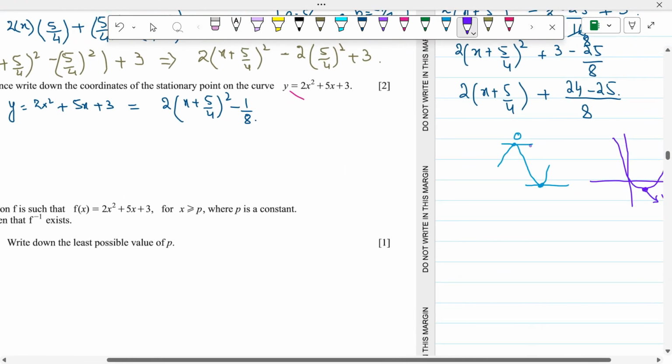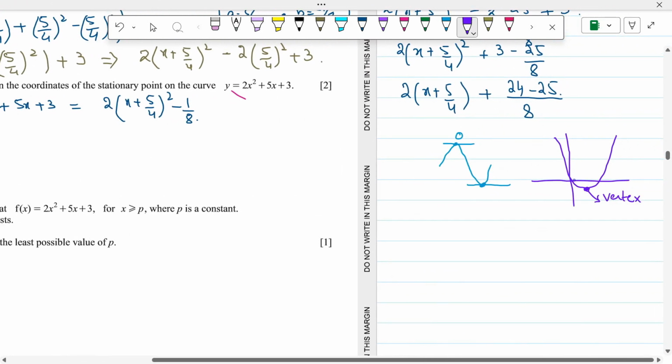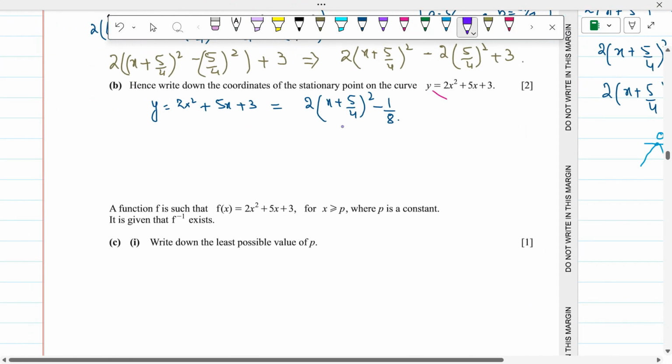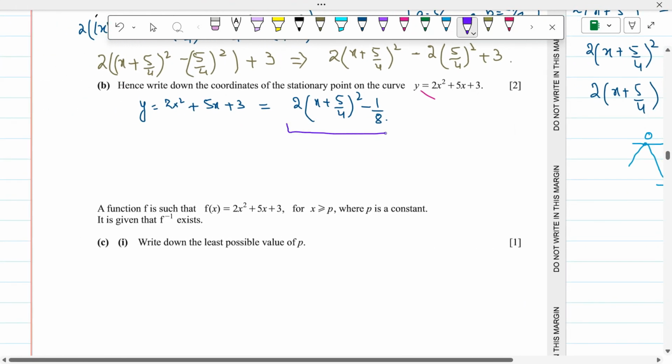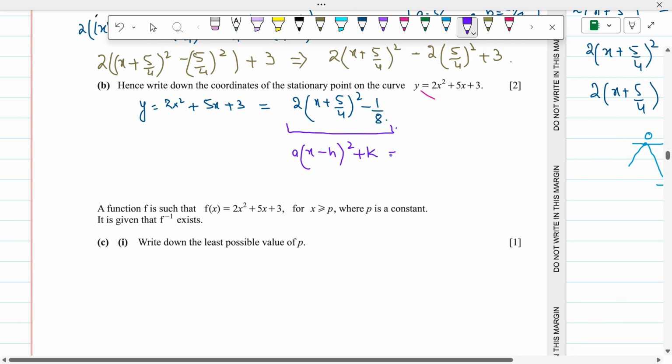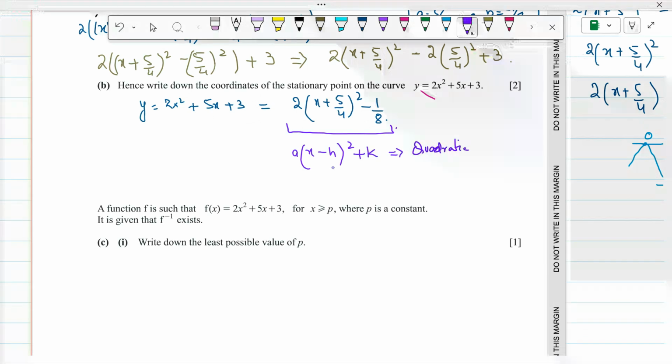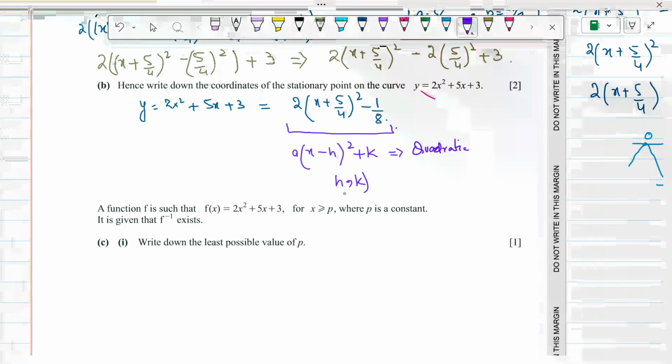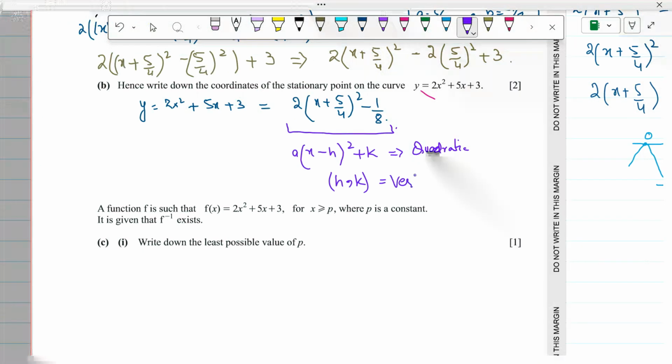The vertex can be calculated using this format: a times (x − h)² plus k, where h and k are the vertex of this quadratic equation, which is also the stationary point.